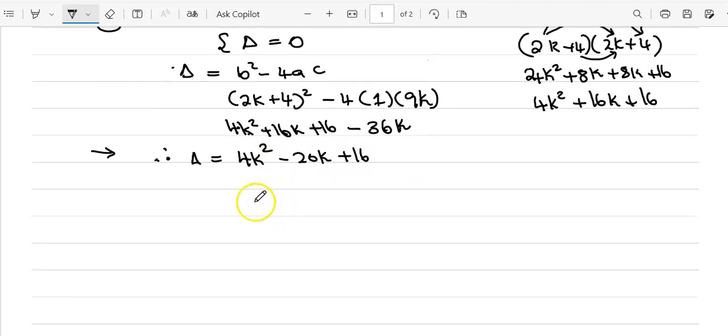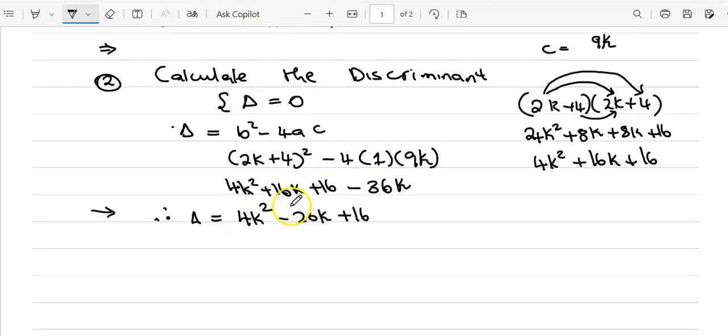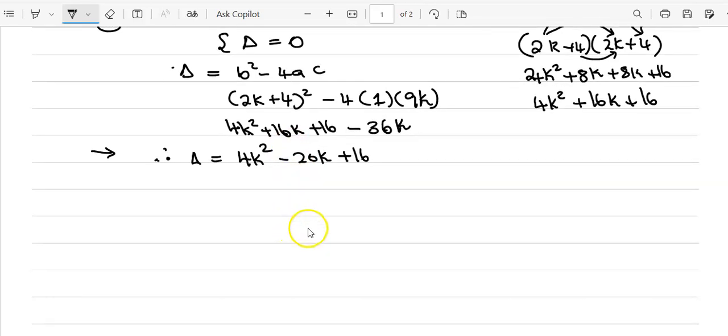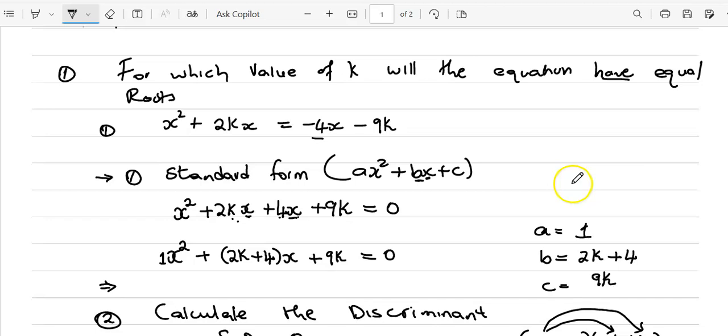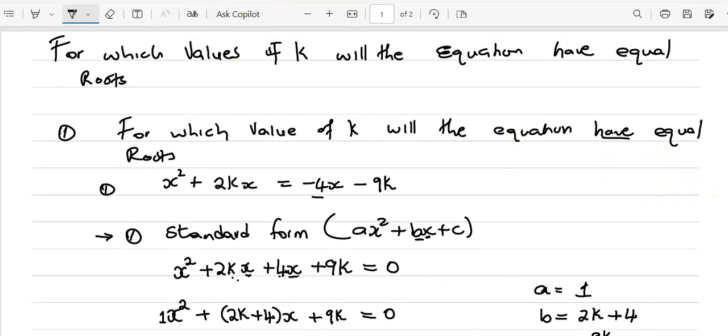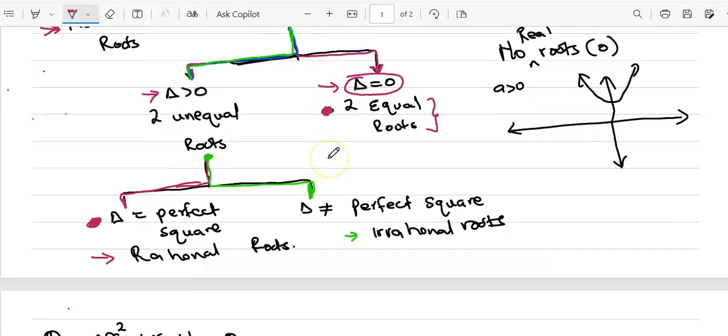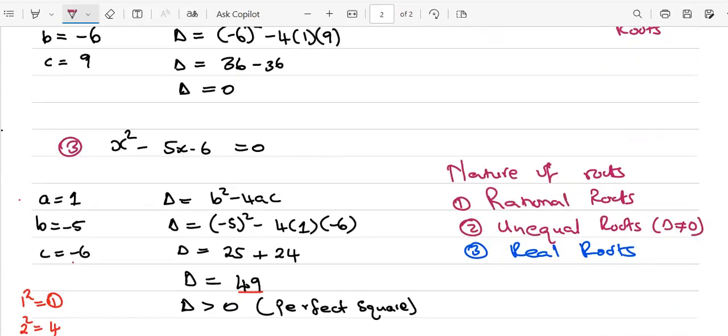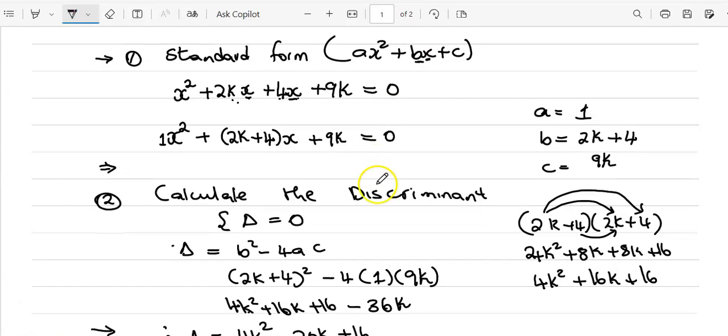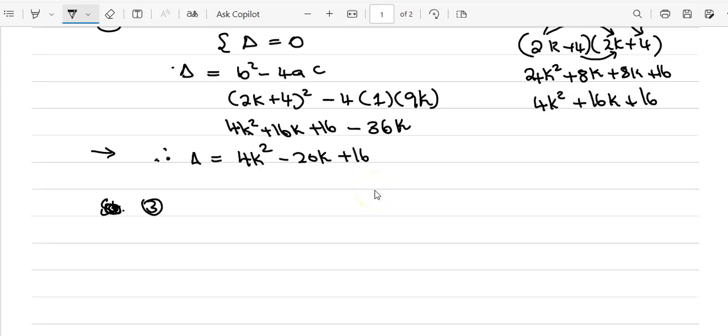From there, remember we need to solve for k. Step number 3: we go back. The set will have equal roots, and when we have equal roots, the discriminant is equal to 0. So when the discriminant is equal to 0, we need to equate.